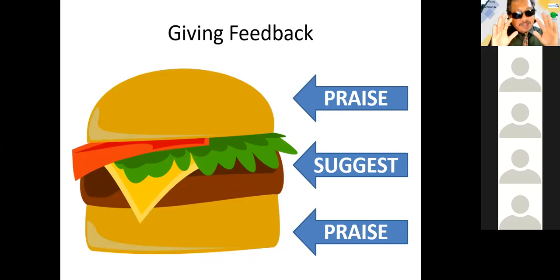For example, instead of saying, I don't like your report, it has many mistakes, you can say, Siva, I like reading your report. It is full of useful information. That is a praise. I repeat, Siva, I like your report because it is full of useful information.